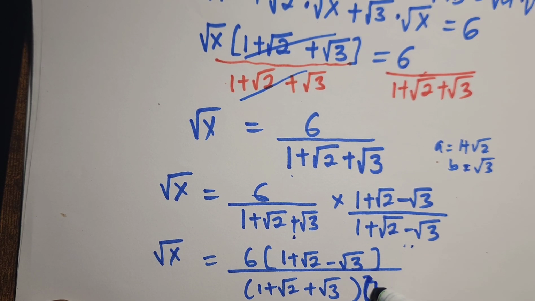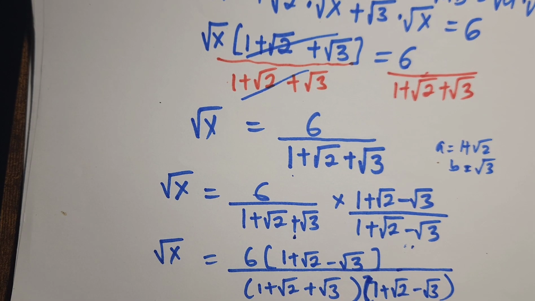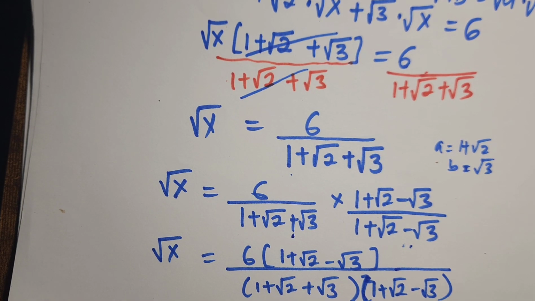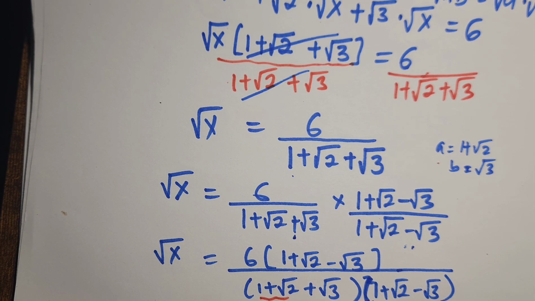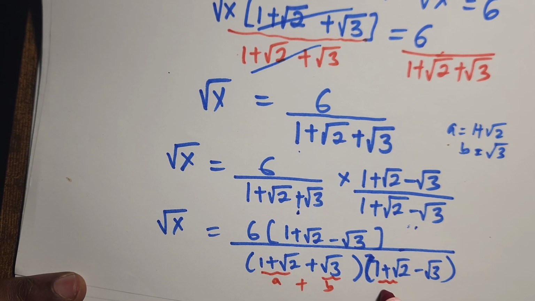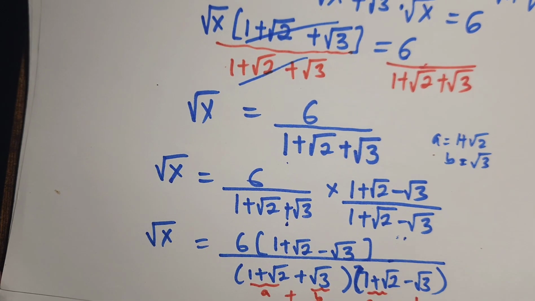So we have 1 plus the square root of 2 minus the square root of 3. Then what am I going to do from here? This is where it looks very interesting. Here, I'm going to regard this as my a, and this is going to be my b. So here I'm having a plus b. This is going to be my a, and this is going to be my b. Here I'm having a minus b.